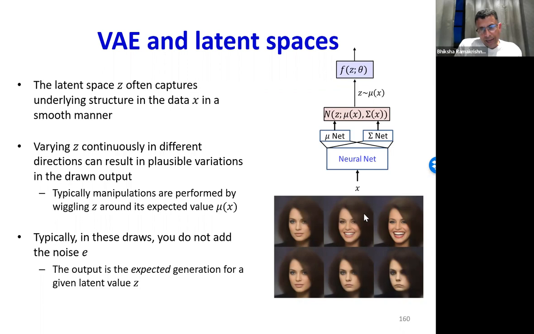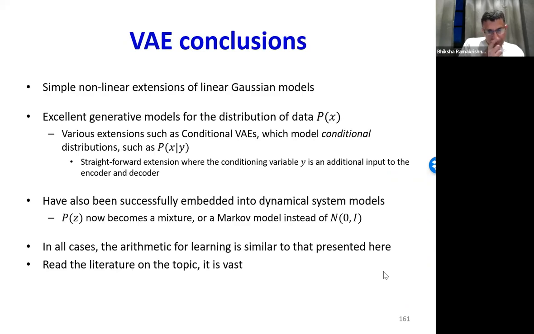Then if I slide the mean from the value that it had for this one to the value that it had for this one, and pass each of those means through the decoder, the data generated by the decoder actually smoothly slides from this face to this face. So some very nice results.